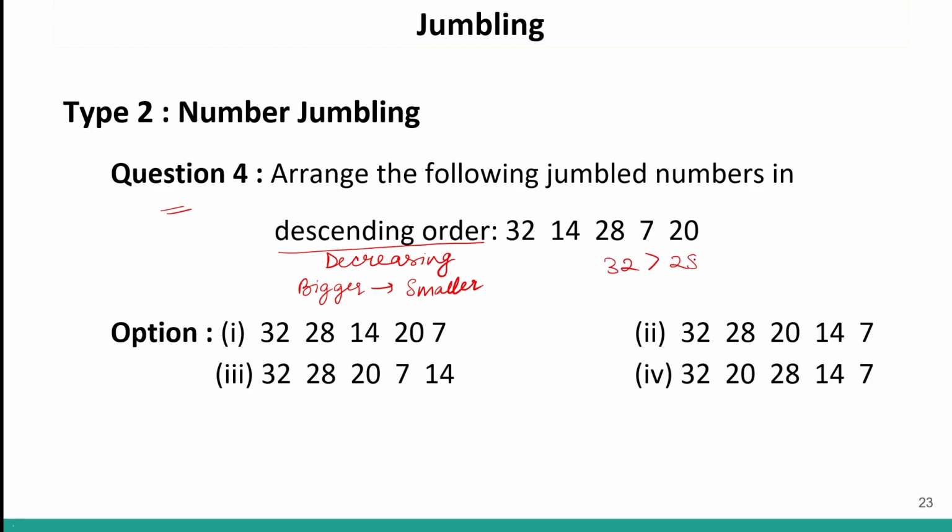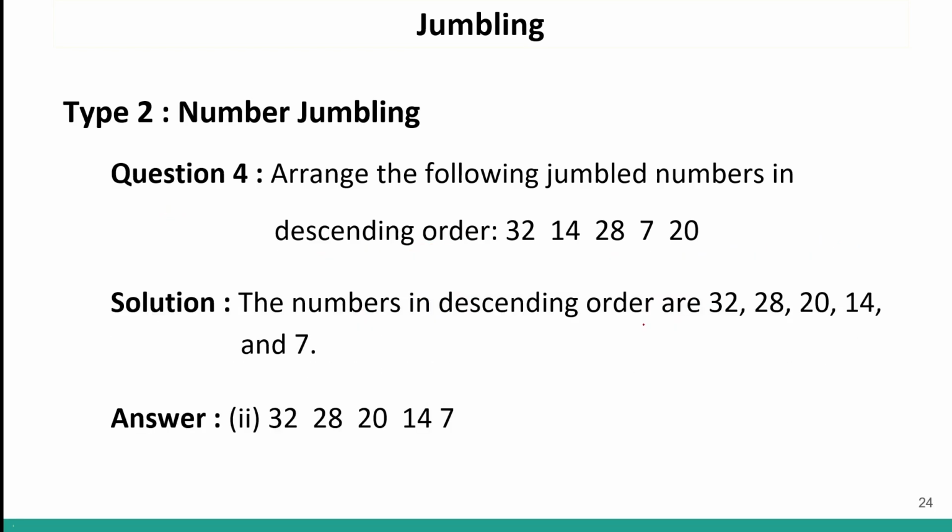It is bigger than 28, which is bigger than 20, which is bigger than 14, which is bigger than 7. So the correct order in decreasing order will be 32, 28, 20, 14 and 7. This is given in option number 2. So option number 2 will be your correct answer.